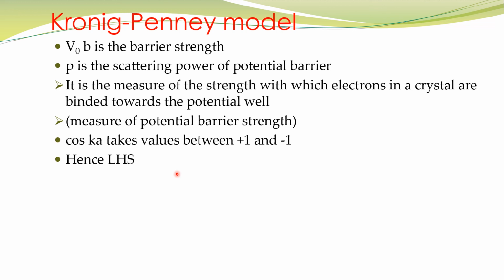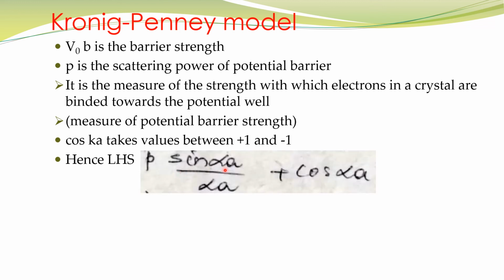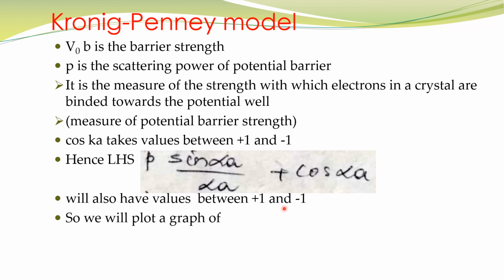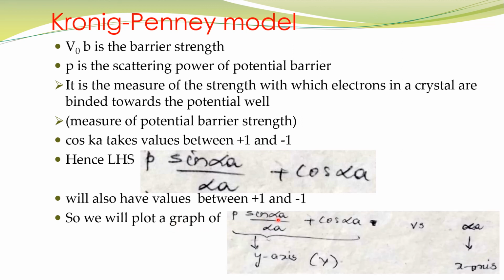Hence, the left hand side, P sin alpha a upon alpha a plus cos alpha a, will also have values between +1 and -1. So we will plot a graph of P sin alpha a upon alpha a plus cos alpha a, that is the LHS part, on the y-axis and alpha a on the x-axis.